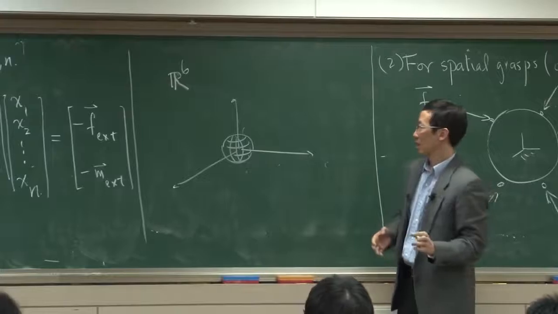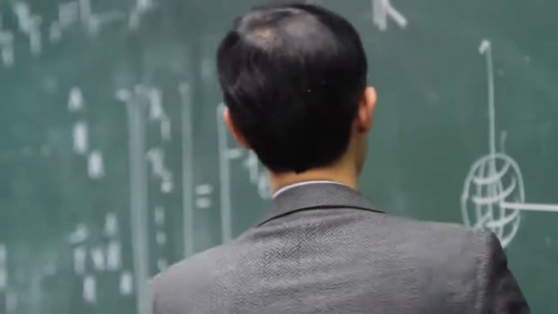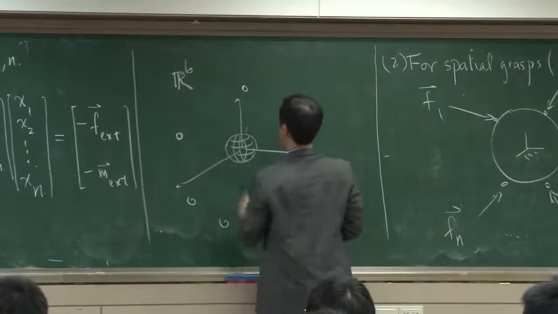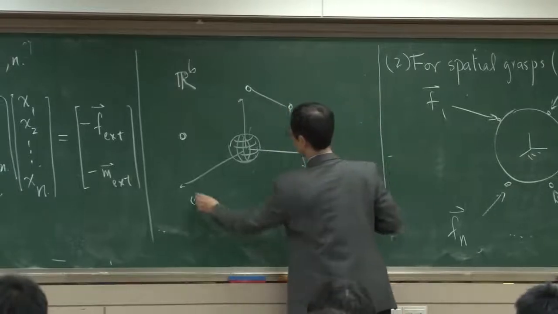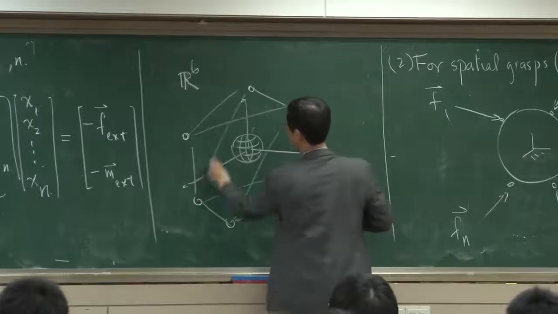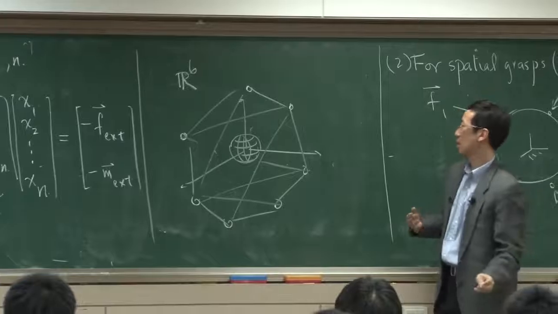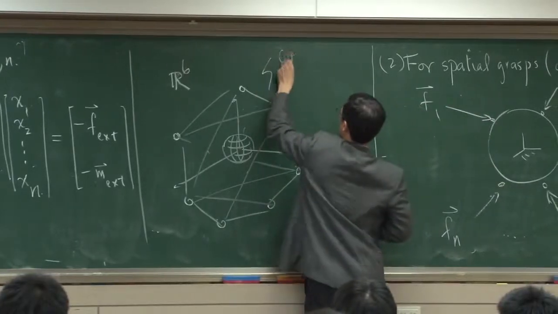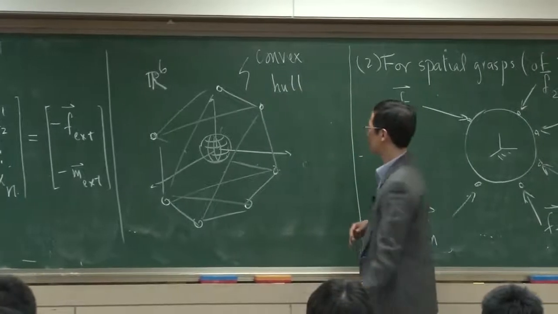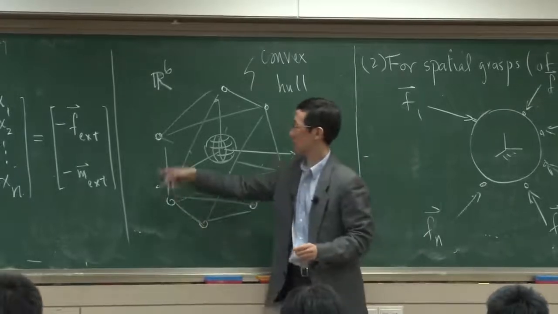And we now have to construct the convex hull of the columns of A. The convex hull looks like, whatever. You get the idea, right? Convex hull. So we have 1, 2, 3, 4, 5, 6, up to n points.